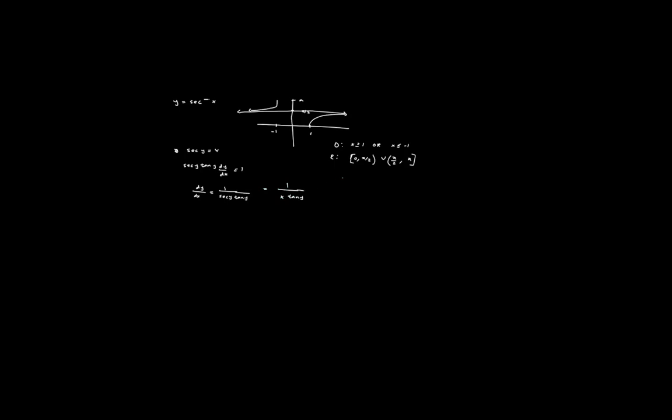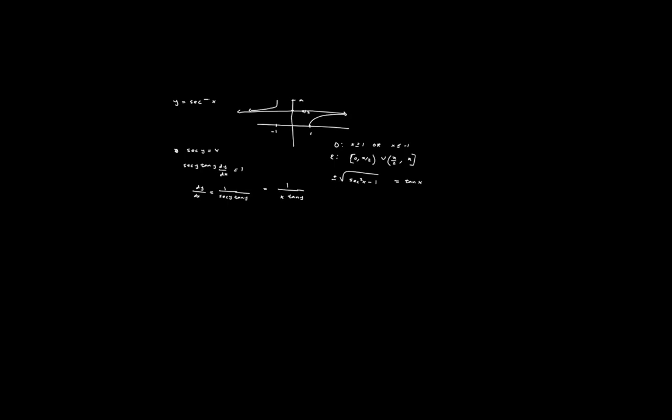And then through the Pythagorean identities, we know that the square root of secant squared y minus 1 is equal to tangent y. And this is plus or minus. But here's where the tricky part comes into play.